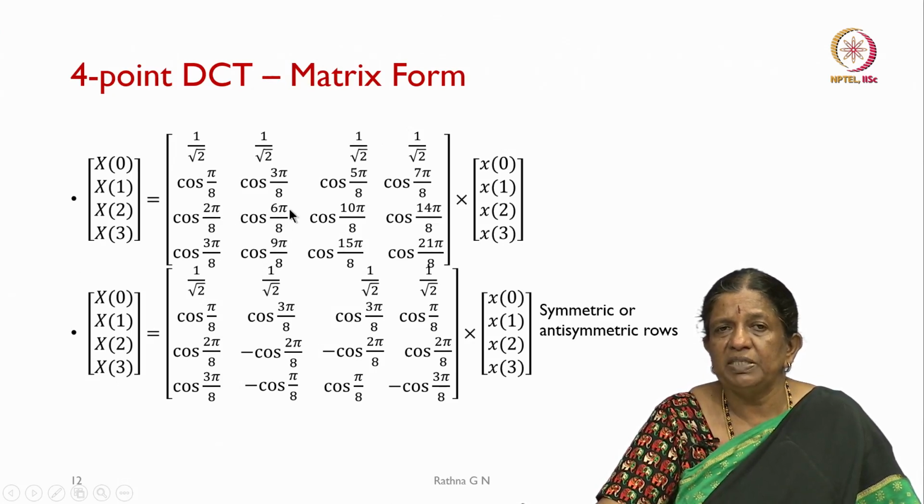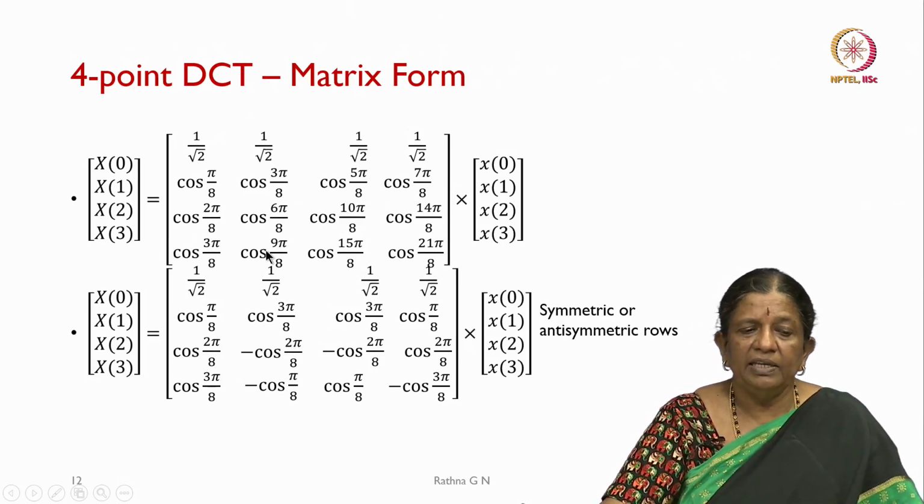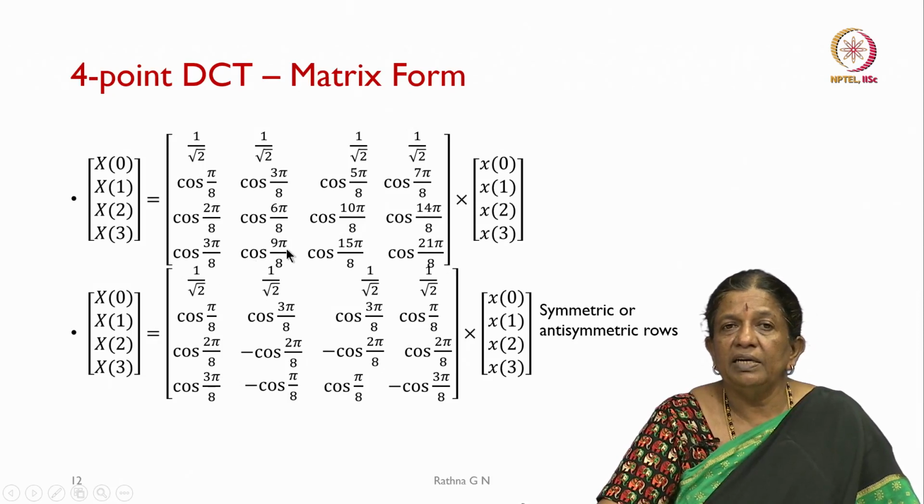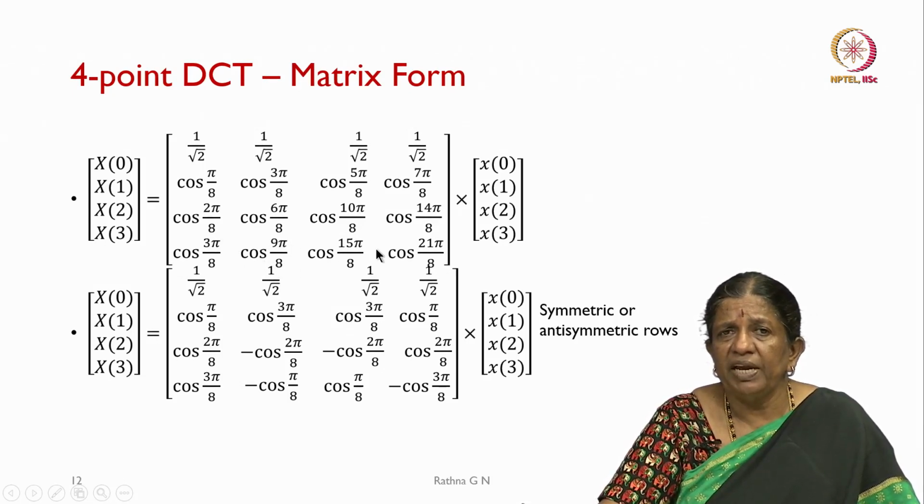So, it is going to be 6 pi, same as that. Now, the next one is cos 3 pi by 8, and then you will be adding 6 pi to that, because 3 into 2 is 6. So, it will be 9 pi by 8 and so on.